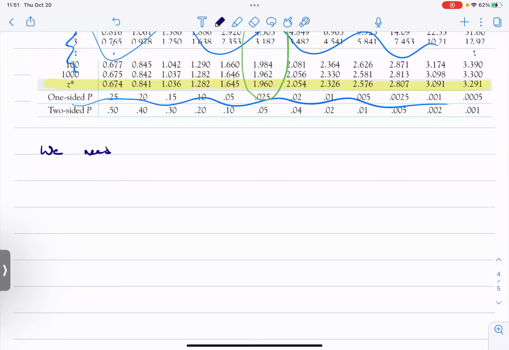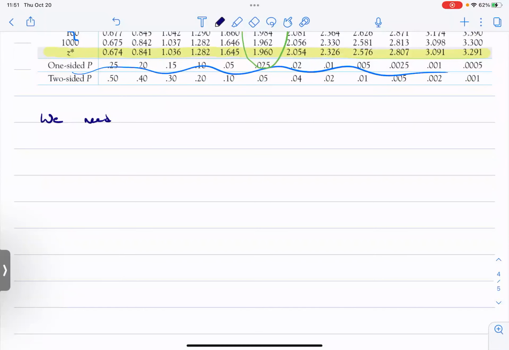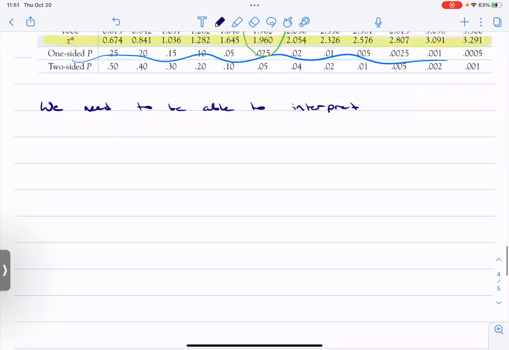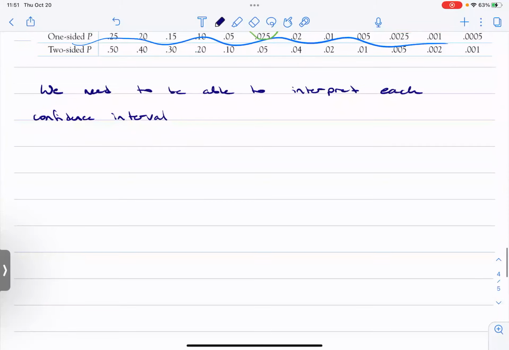So hopefully that's okay. We need to be able to interpret each confidence interval we build.